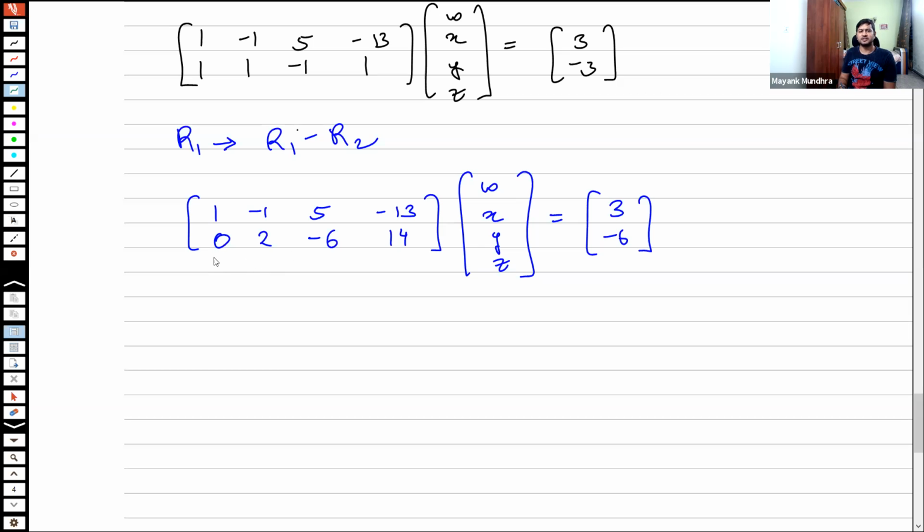After this, you can divide this entire row by 2, right? So if you divide this entire row by 2, what you get is 1, minus 3, 7, and here minus 3 again.